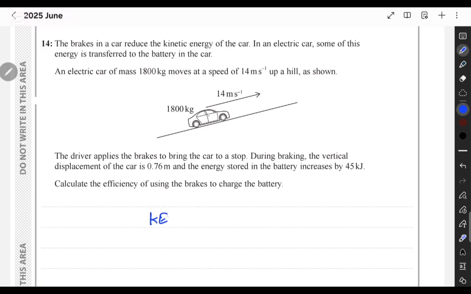We can see that the kinetic energy is going to decrease to 0. So all of this kinetic energy is going to be converted into two things. It's going to be converted into the MGH, the gain in GPE, and it's going to be converted into the energy of the battery. So it's going to be split between two of these things.